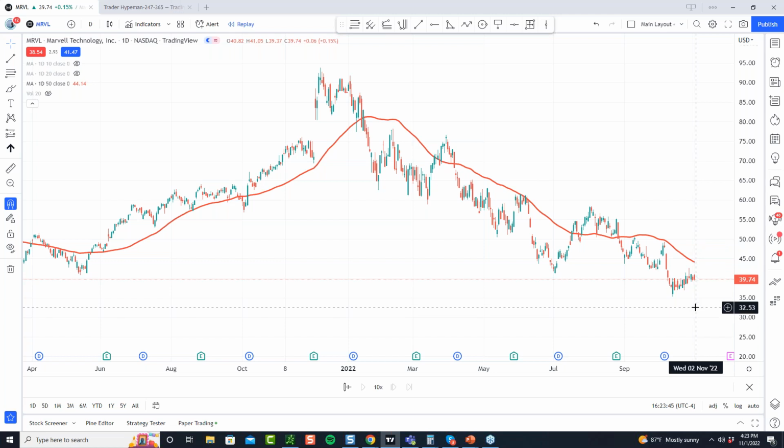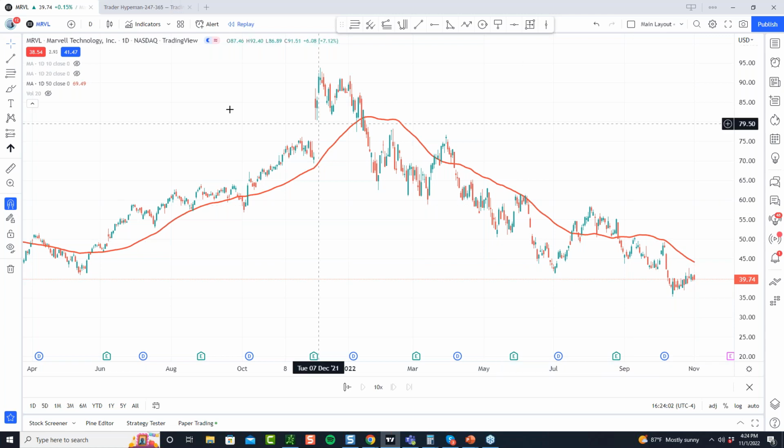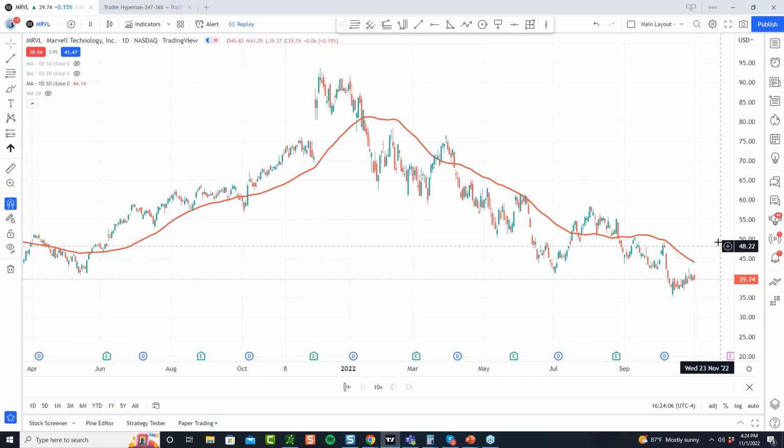So if we take a look at the latest bar today, this is Marvell Technology. The last price today was $39.74. The 50-day average is where this red line is. You can also see the data right next to the indicator here, left of my cursor, is $44.14.